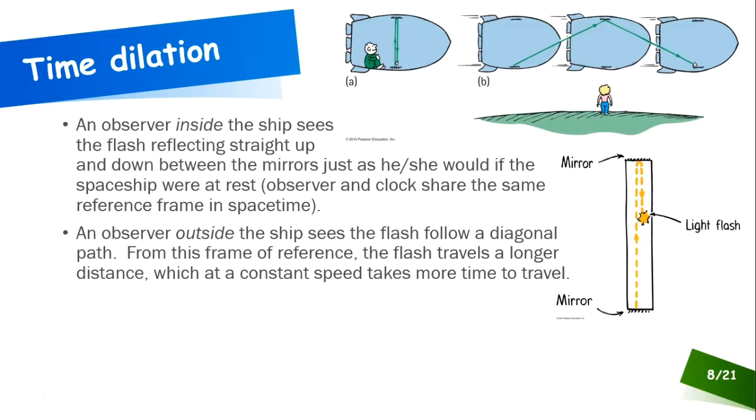But in both cases, remember, the speed of light is constant regardless of your frame of reference. So there's going to be a difference in time that it takes for the light to flash between the 2 mirrors depending on your frame of reference. And this stretching out of time is what we call time dilation. So time dilation is this difference of time depending upon your frame of reference.